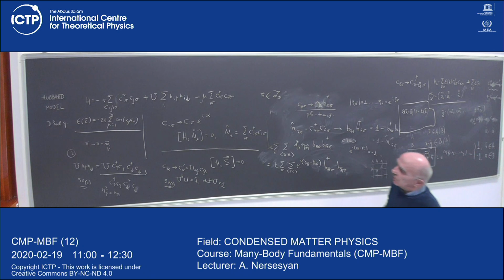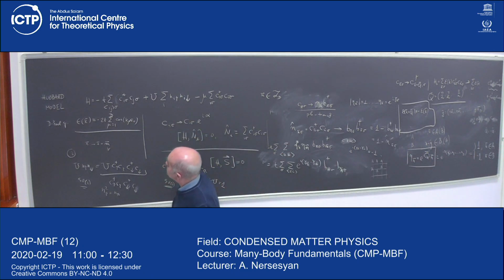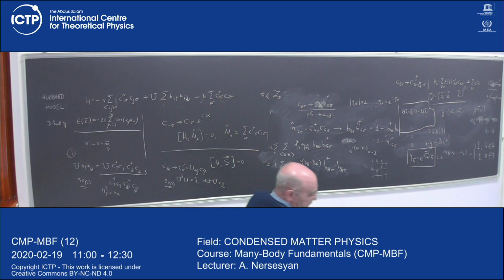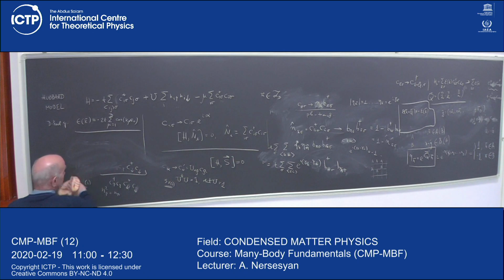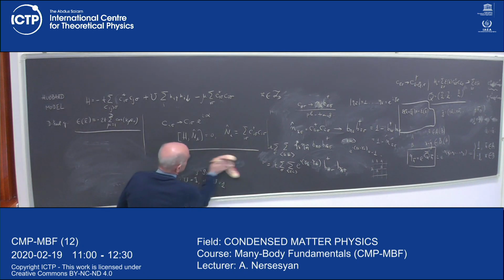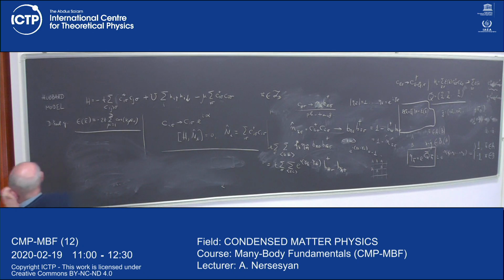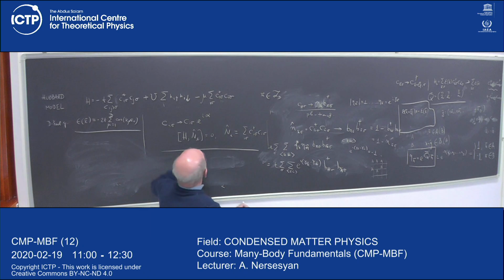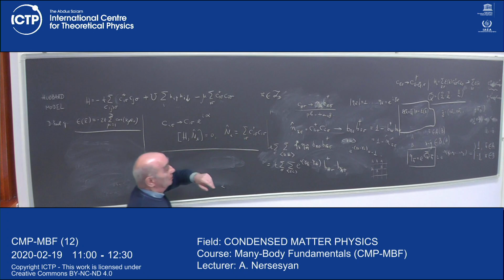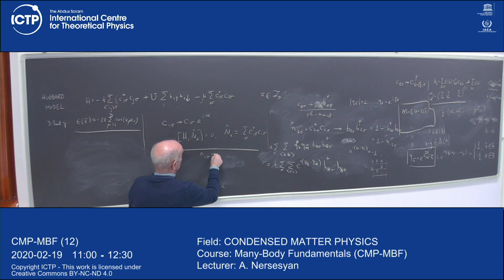So what about this U and the chemical potential? Well, the thing is that both terms depend only on the occupation number operators, and for the occupation number operators I have the rule that n_{iσ} goes to 1 minus n_{iσ}.